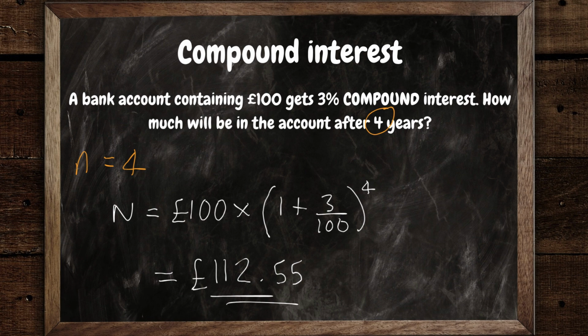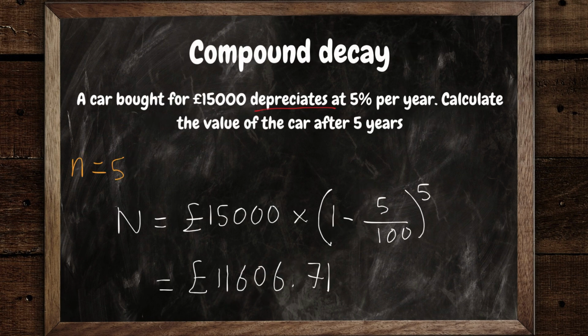Okay? So compound decay works in the same way as compound interest, but instead of adding, you minus, as I mentioned before. So for example, if you have a car bought for £15,000 and it depreciates at 5% per year, what would the value of the car be after 5 years? So all we need to do is input this into the formula.